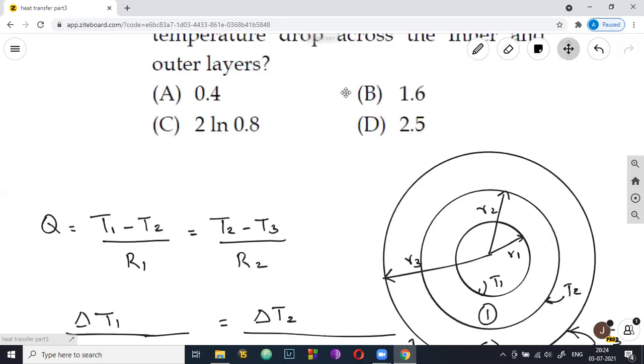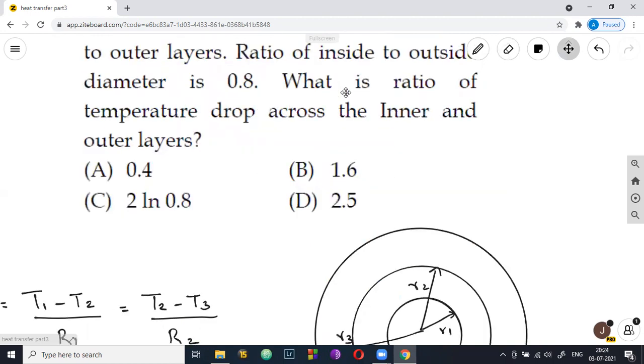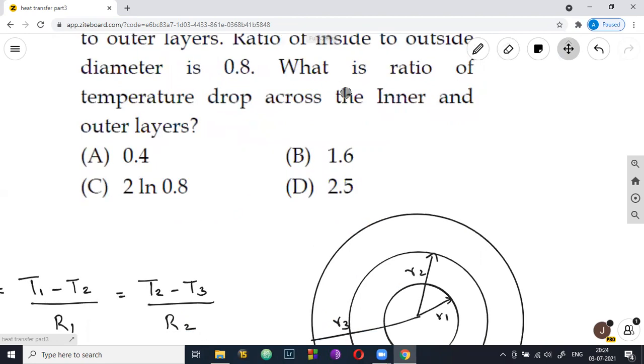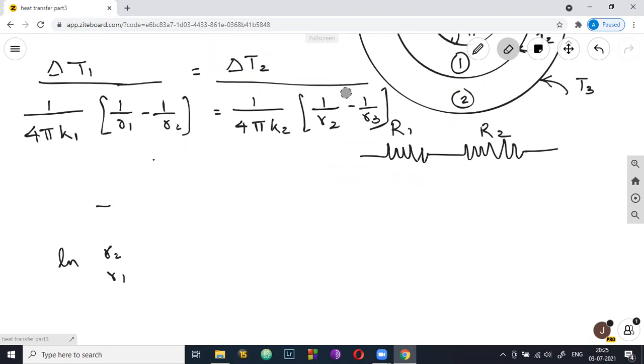A composite hollow sphere with steady internal heating. This is a hollow sphere. So I have to do a correction here. So guys, please do this correction. So this will also change. So here I think 4 pi can be cancelled out.